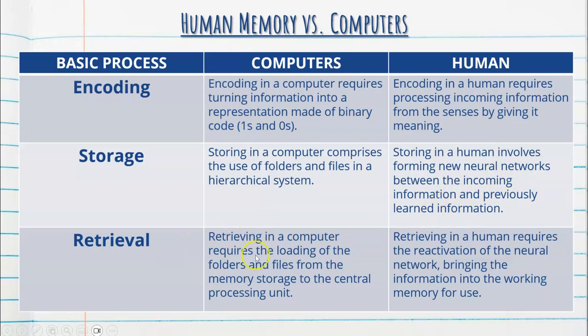And then retrieval. Retrieving in a computer requires the loading of the folders and files from the memory storage unit to the central processing unit, whereas retrieving in a human requires the reactivation of these neural networks and pathways, bringing the information into the working memory for use.